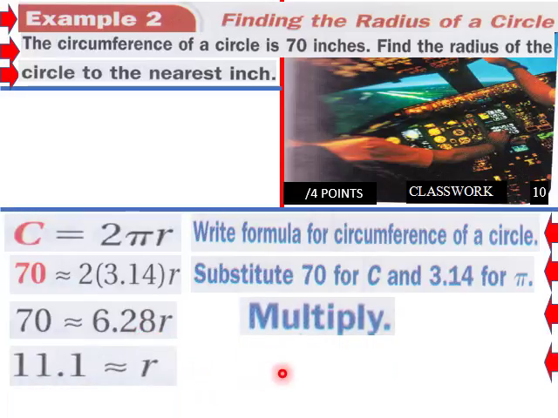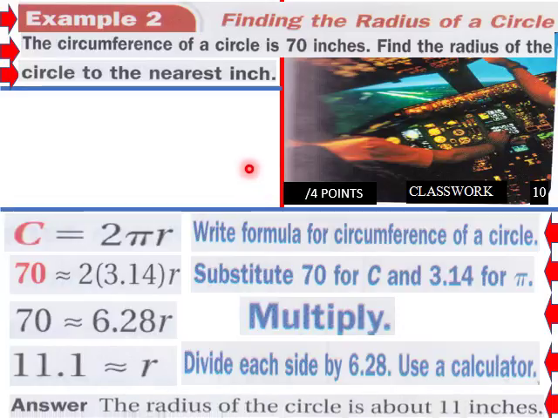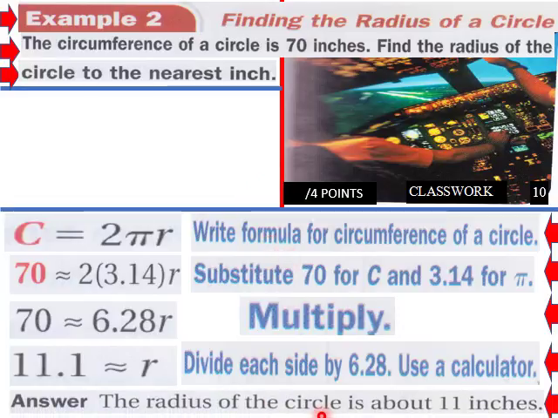How do we isolate r? We divide both sides by 6.28 and we get 11.1 equals r. So that'd be how you would solve that previous guided and independent practice, students, if you're paying attention. The radius of the circle is about 11 inches.